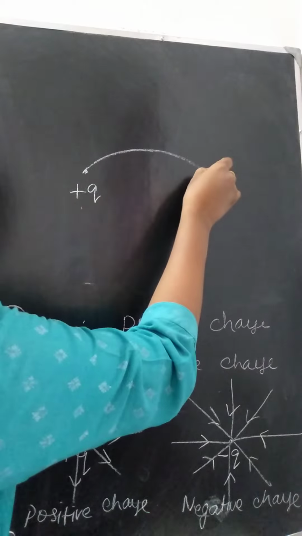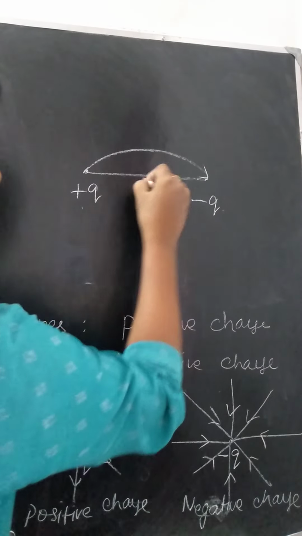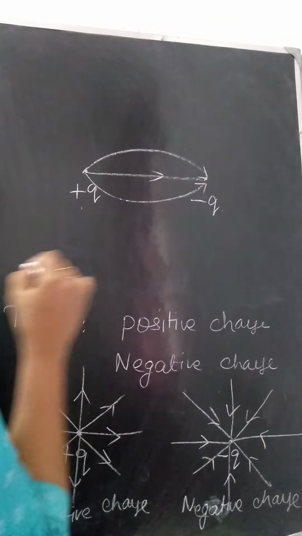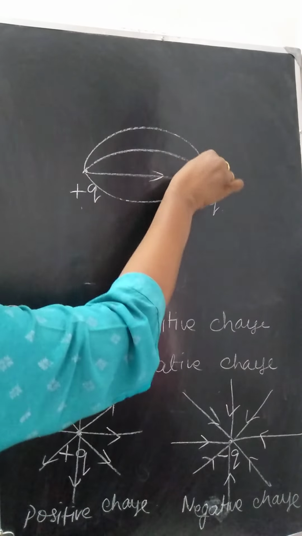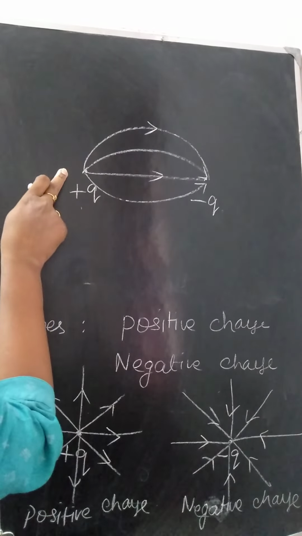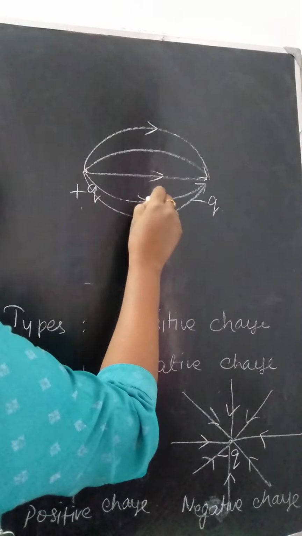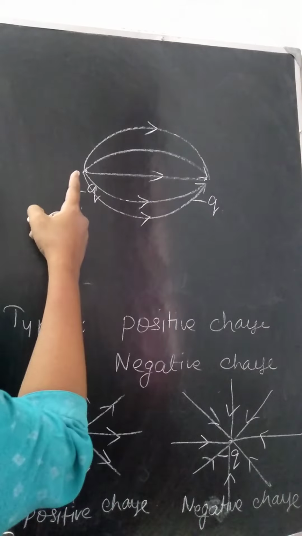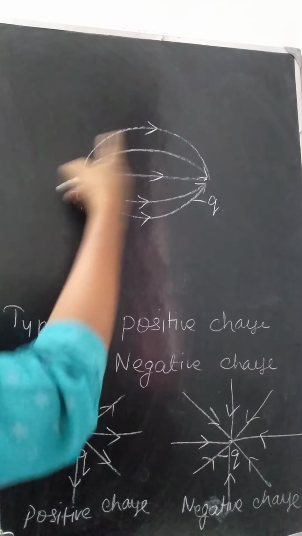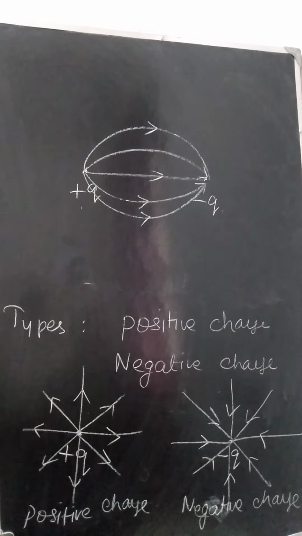Okay, so it will be like this. Getting how to draw? See, it starts from the positive charge. If you go for a positive charge, away from the charge. If you go for a negative charge, towards the charge. So arrow marks are drawn starting from the positive charge and ending at the negative charge. Okay.